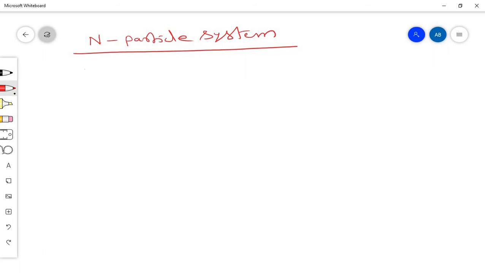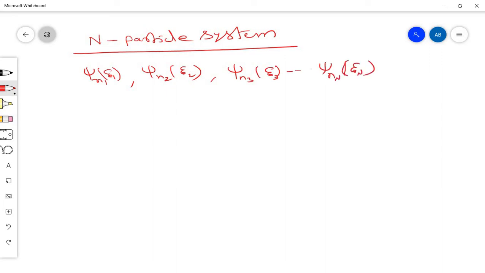The individual wave functions will be like this: psi n1 of E1, psi n2 of E2, psi n3 of E3, up to psi nn of En. This is the n particle system I have. I need to write the symmetric wave function and the anti-symmetric wave function.